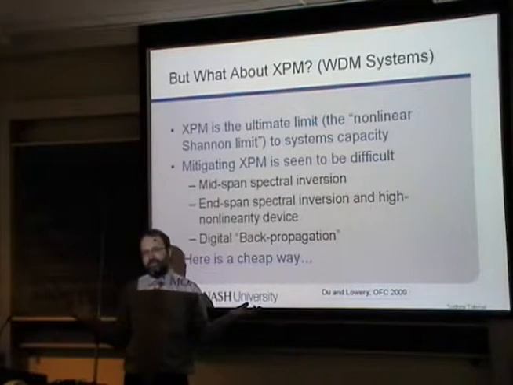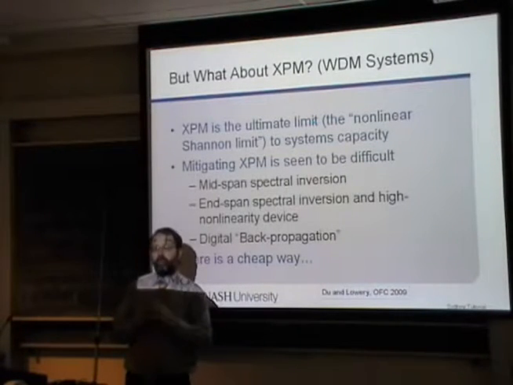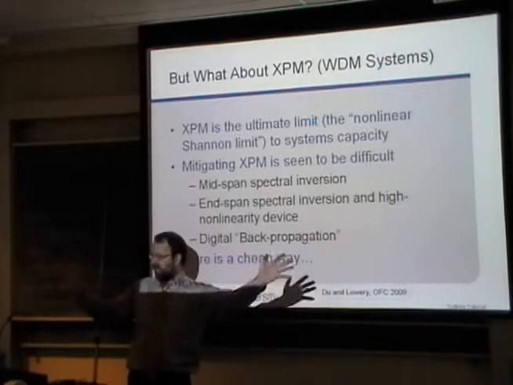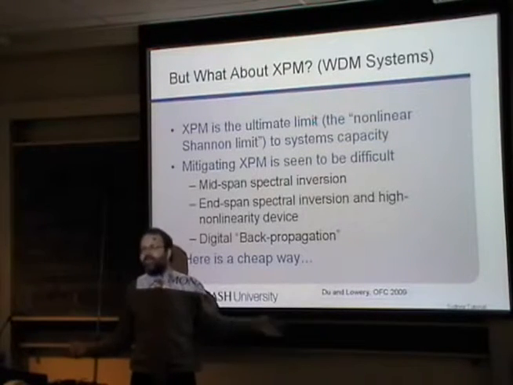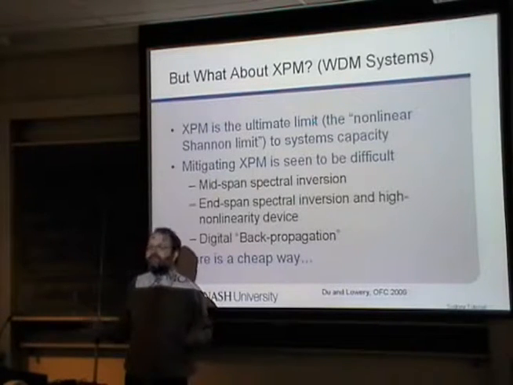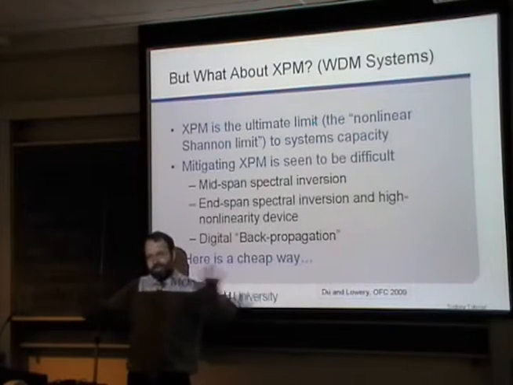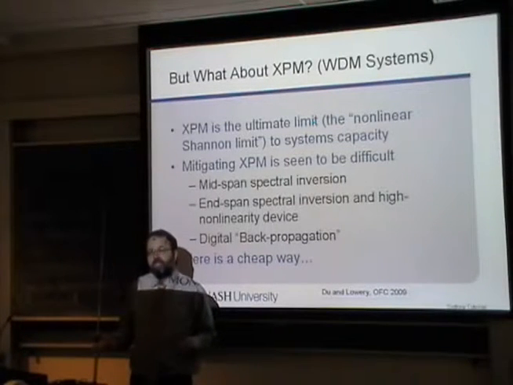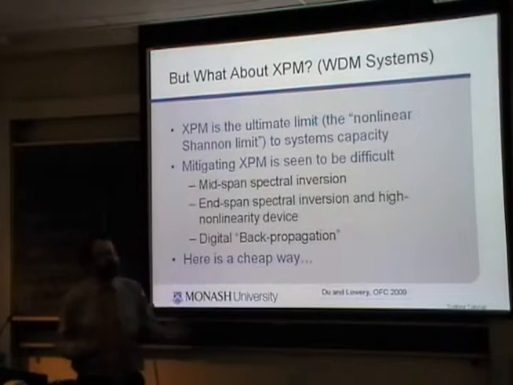So essentially you could do a systems simulation, a technique called backpropagation, where you take the output of your receiver with all the channels over hundreds and hundreds of gigahertz, you digitize it, which is almost impossible until Arne and I create an analog to digital converter that works at such speeds using nonlinear optical components. You could digitize the whole damn thing, and then you could do a split-step Fourier method computation and undo all the XPM. But that's sort of impossible at the moment.